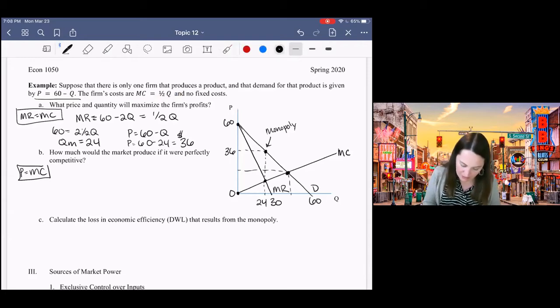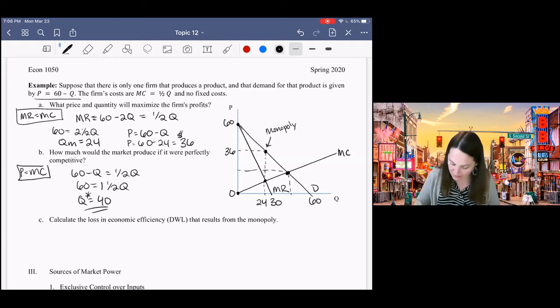That will give me the outcome for a perfectly competitive market. So that's 60 equals 1.5 Q. And in perfect competition, this market would be supplied with 40 units of this product, and then we can plug that back into either demand or marginal cost to get the price.